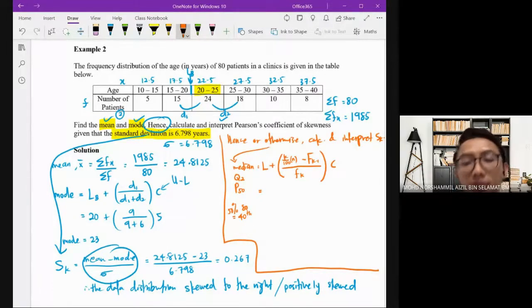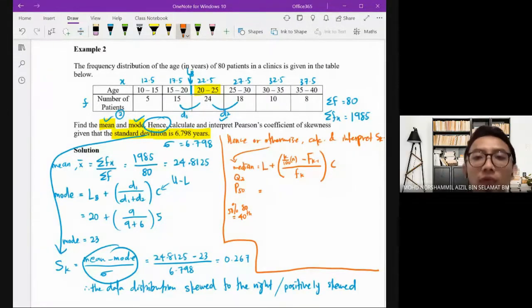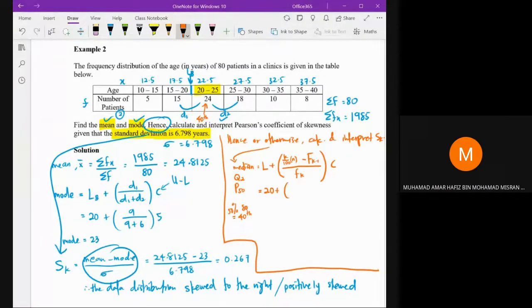Okay, so which class? 20 to 25. Yes, you still have the 40th data in a similar class with the mode. Coincidentally similar class with the mode. So your L is 20.